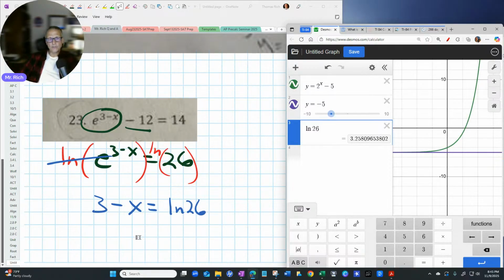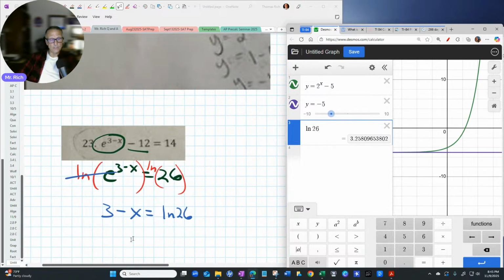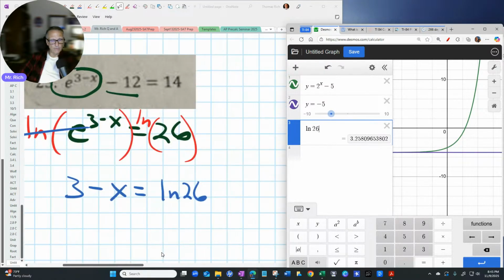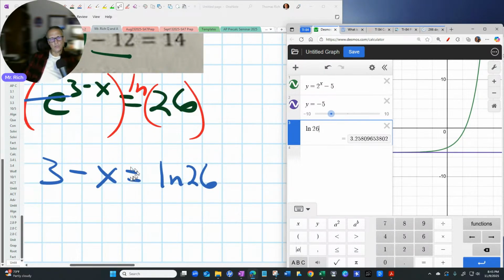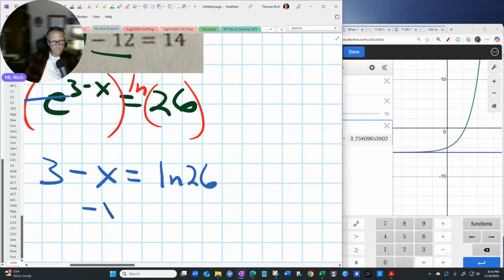Now I just need to do maybe 3 algebra steps to isolate the x variable. I'm going to subtract 3 on both sides. So I have the natural log of 26 minus the number 3. And then I'm going to multiply both sides by a -1.